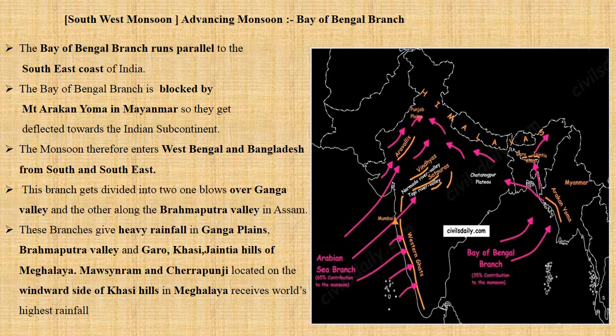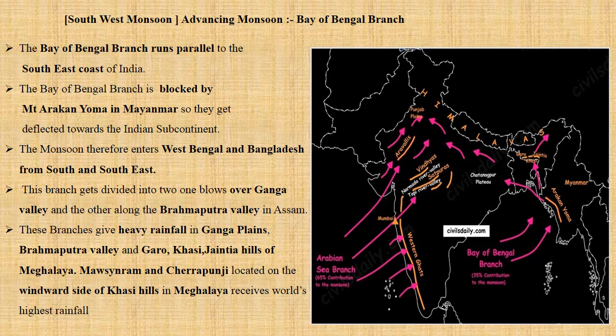Now, this Bay of Bengal branch moves ahead over the Brahmaputra Valley in Assam. This branch also gets deflected towards West Bengal. West Bengal receives heavy rainfall from the Bay of Bengal branch. This branch moves from east to northwest part of our country.